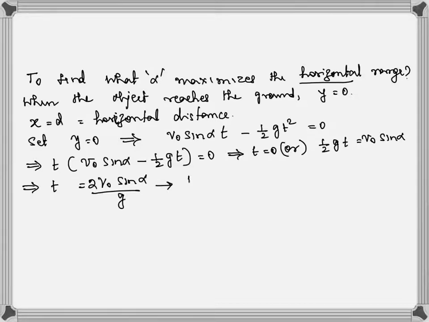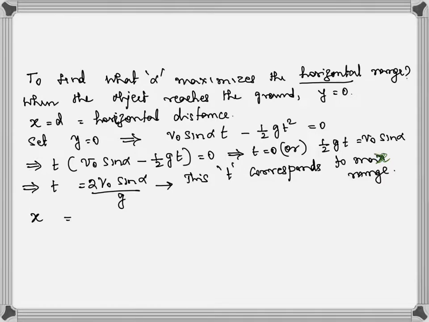We are going to substitute this t into x. One t corresponds to the initial position of the particle, which is the origin. The second t corresponds to the maximum range of x.